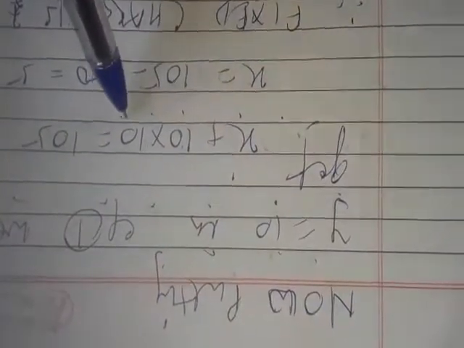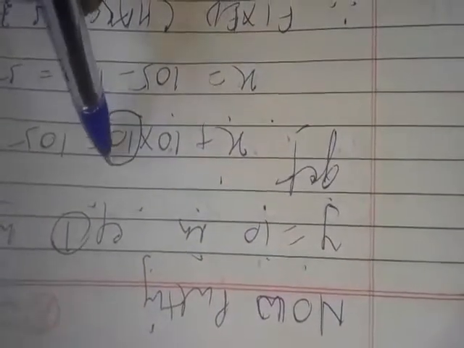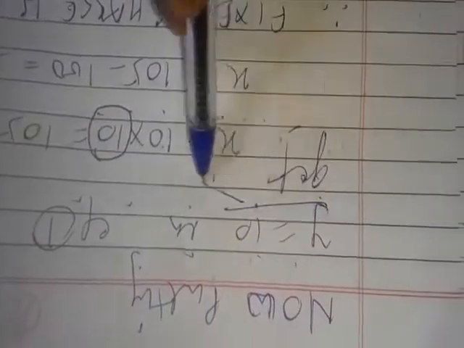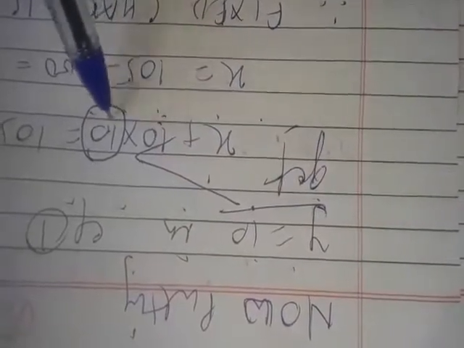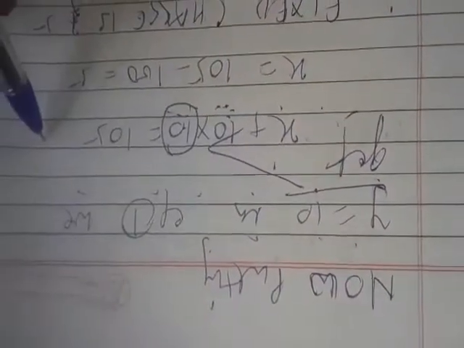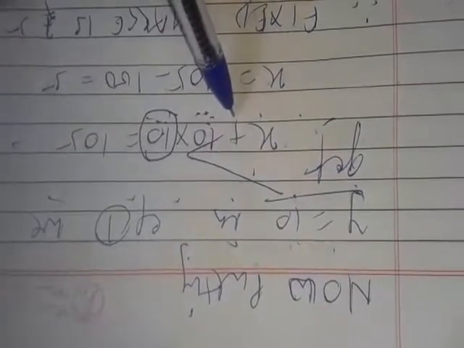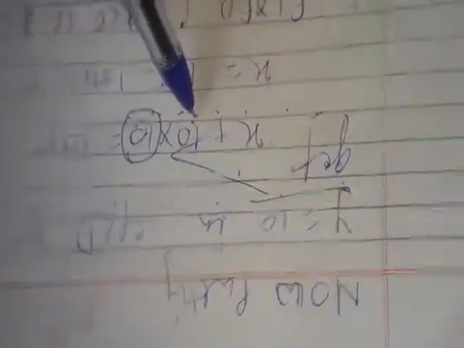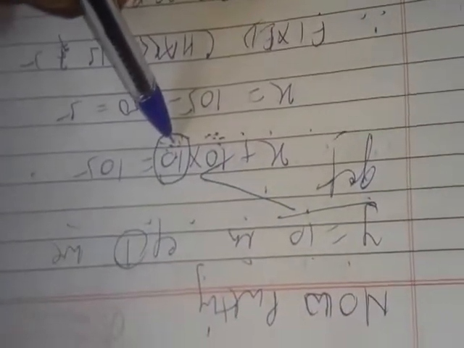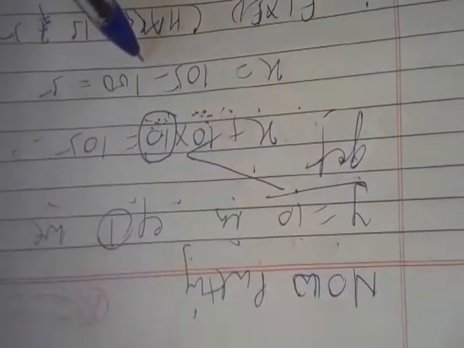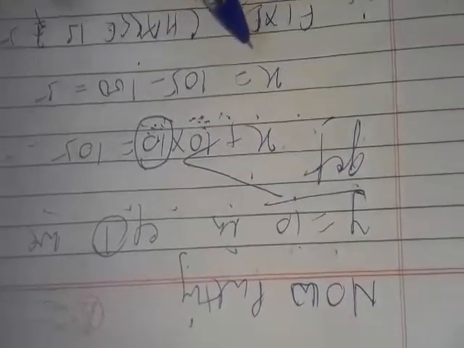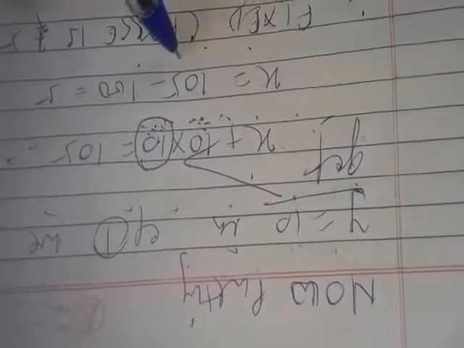For Y we have substituted the value Y is equal to 10 and we carry the product to the RHS. Here it is plus 10 into 10 and their product becomes 100. When taken to the RHS, it will become minus 100. So X is equal to 105 minus 100, which is equal to 5.